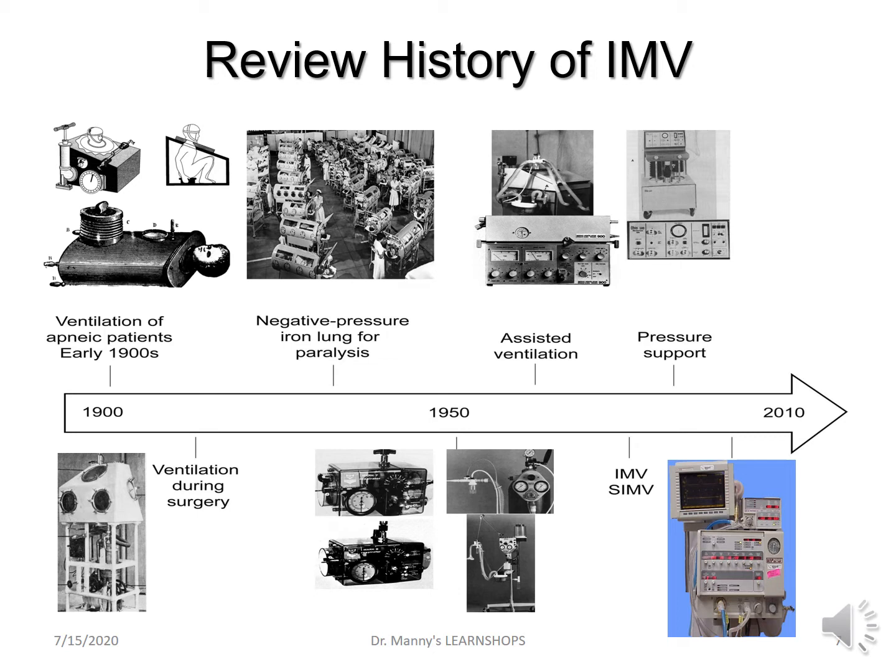In the late 1940s, other pressure cycled ventilators were introduced. Assisted ventilation became more in vogue in the 1960s, and it has evolved since then with a number of different modes available, whether it's controlled mechanical ventilation, assist controlled ventilation, intermittent mandatory ventilation, synchronized intermittent mandatory ventilation, pressure regulated volume control, pressure support, the list goes on.